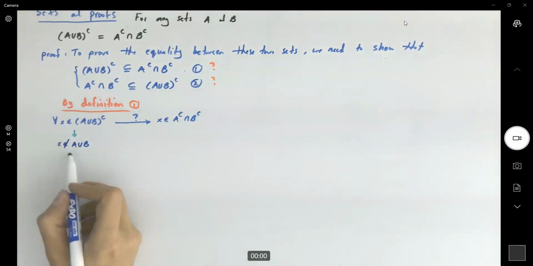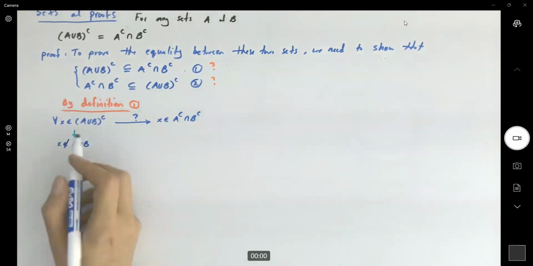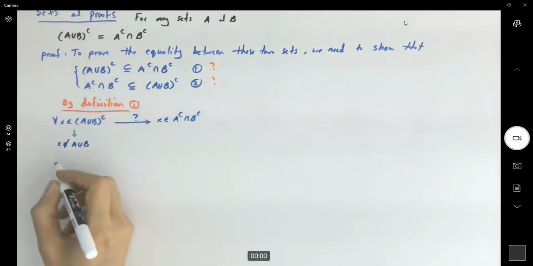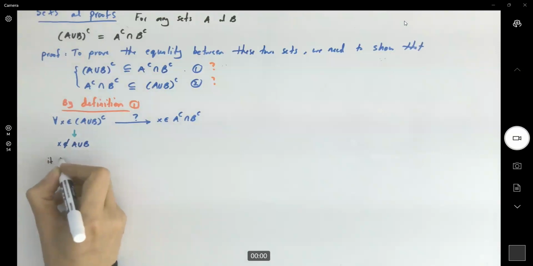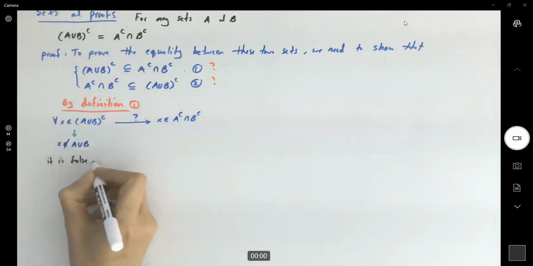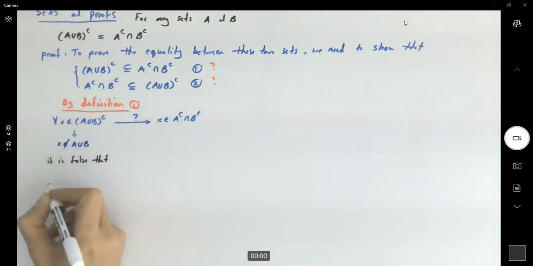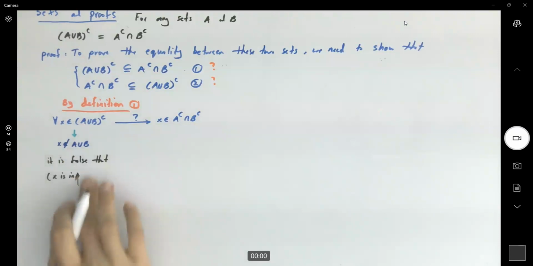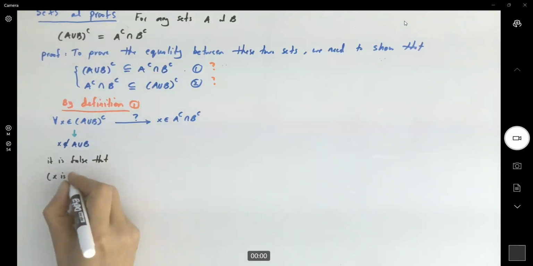Well, what's the meaning of that? It means that it is false. Guys, remember the definition of union. It is false that X is in A or X is in B.